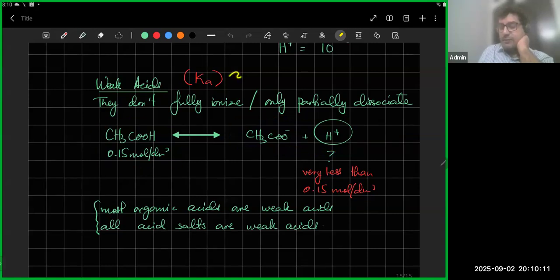That is known as the dissociation constant. I didn't write the word here, but this over here is your dissociation constant. And that's basically the equilibrium constant for a weak acid.